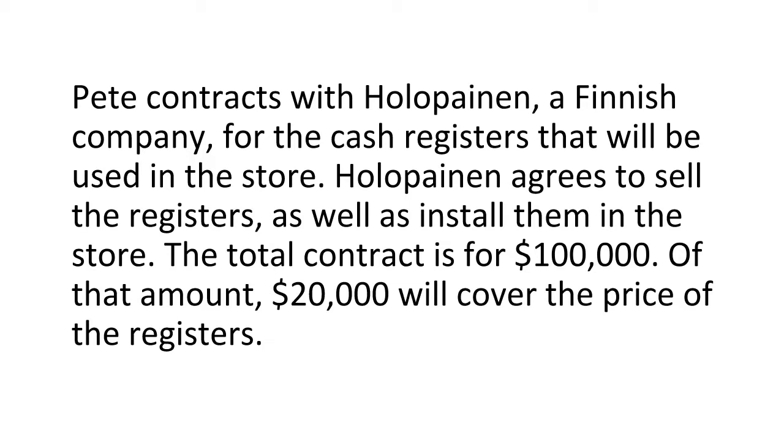Well, based on the amounts, we can assume that the cash registers, the goods, are a relatively minor part of the contract. $80,000 of the contract would be dedicated to the price for installing them, and therefore that is a service contract. So even though there's a sale of goods mixed into the contract, the fact is most of the contract is for installation services, and therefore this contract would be governed by the common law.